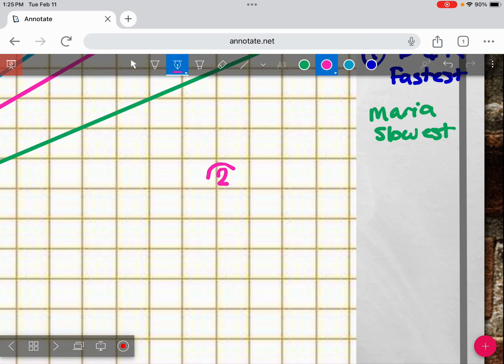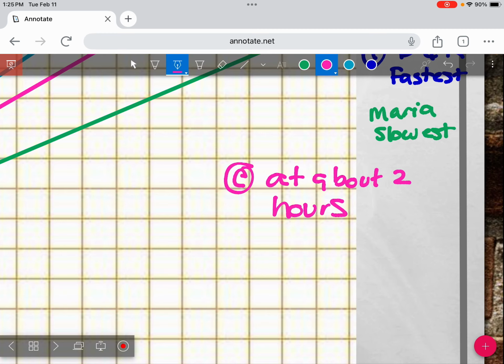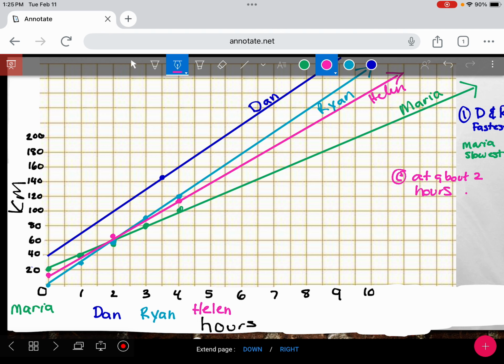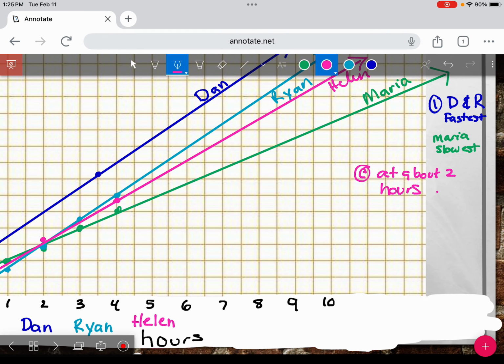So part C, question C. At about 2 hours, Helen passes Maria. H will pass M. But it really depends on our graph and how good we are at graphing. Then we can really tell stuff. Because it really makes a difference if our graph is wiggly or not.